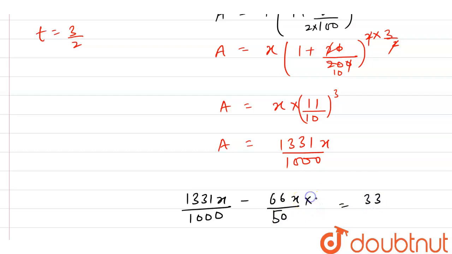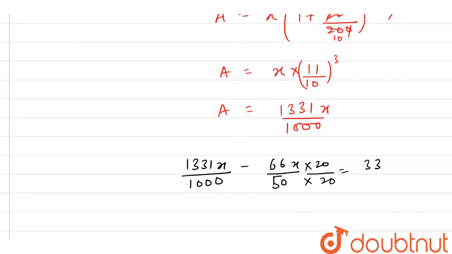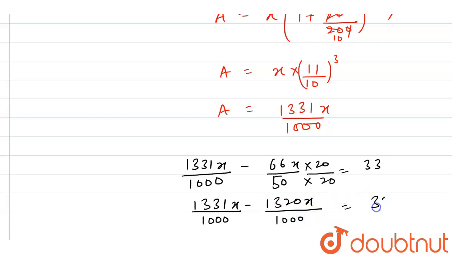Now if we multiply the numerator and denominator with 20, then we can write it as 1331 of x by 1000 minus 66 into 20, that is 1320 of x, divided by 50 into 20, that is 1000, and this equals 33.